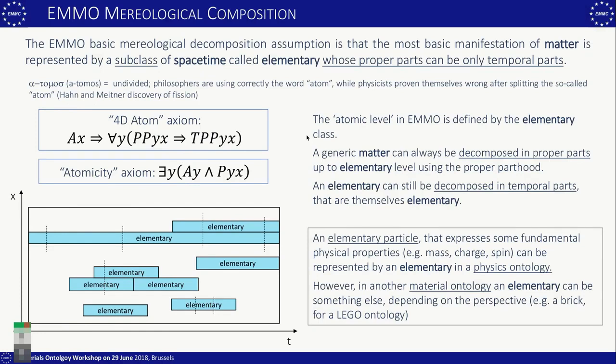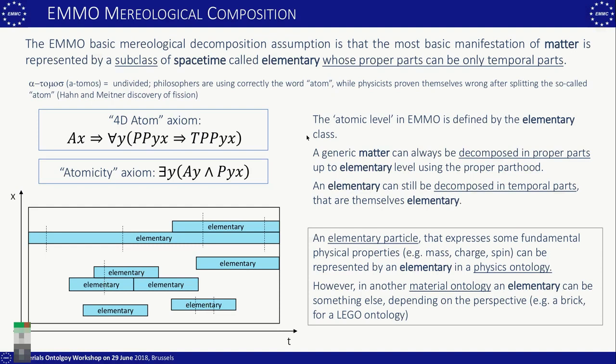The fact that matter is a subclass of space-time is very different with respect to the BFO or other ontologies in which you have the place, the space, and the material entity occupies a space. This is not the case in the EMMO. The material entity is the space occupied by the material.